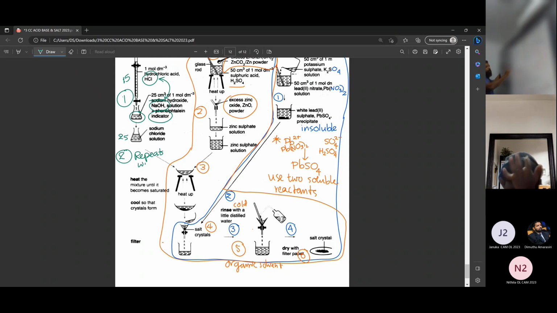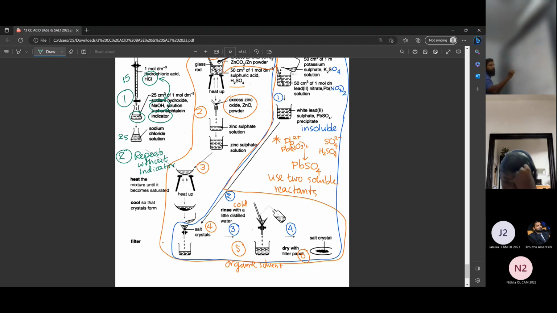How do we know what volume the reaction happens at? Because previously we found the volume. So you repeat without indicator. Use 25 of sodium hydroxide and 15 of HCl. Right? The indicator showed the neutralization point. After that, the same story.